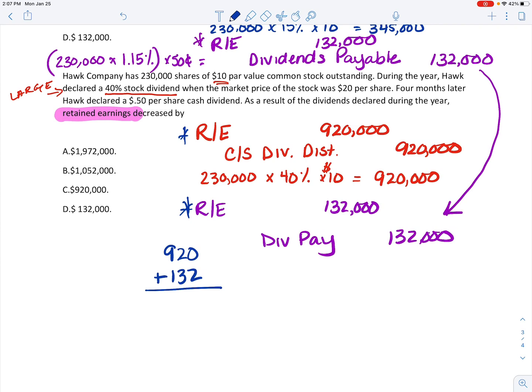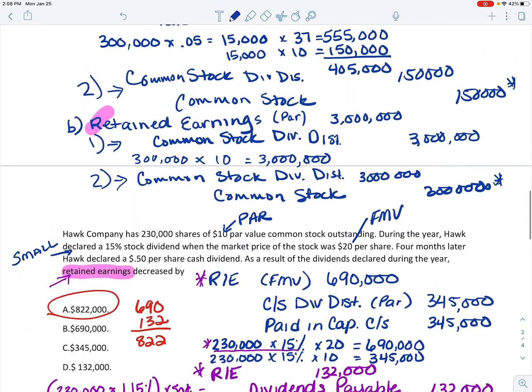And let's see. 1052. So that would be B. Again, those other numbers are plausible. We just have to understand which journal entries impact our retained earnings and how to record them.